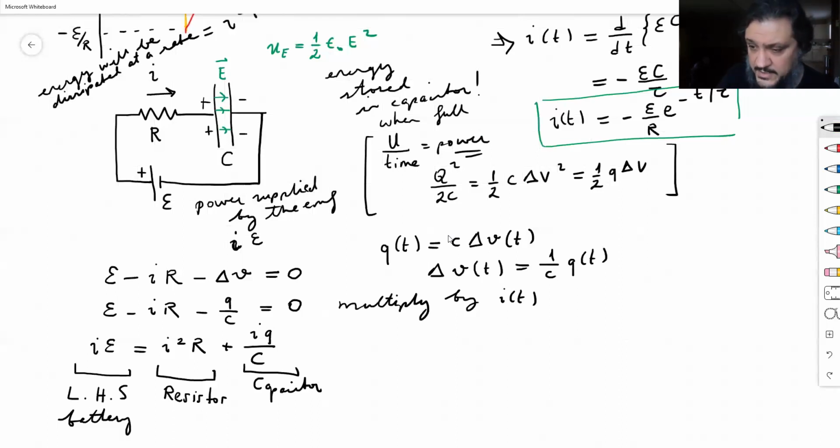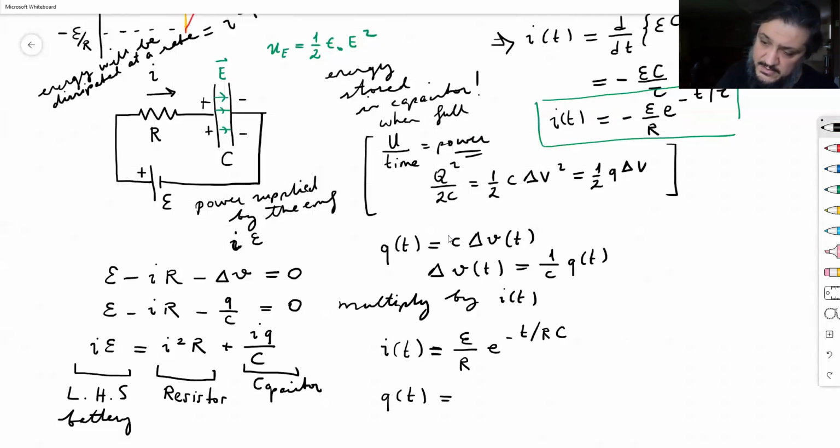Let's say we're charging. We're in the charging phase. So I as a function of time is E over R times e to the power negative t over RC. And the charge is equal to EC times (1 minus e to the power negative t over RC).